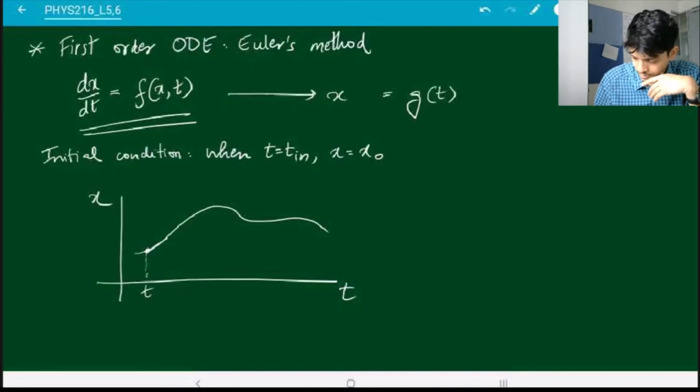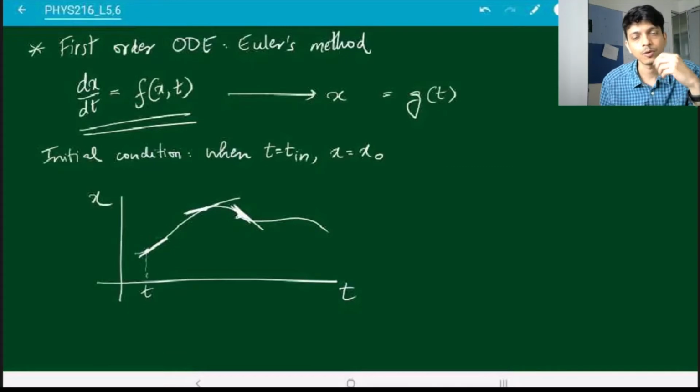So over here, this slope is f of x,t. At this point, this is the slope. At this point, this is the slope. So the differential equation is giving you the slope at every point, and you want to find out what is the function for which this is the slope.